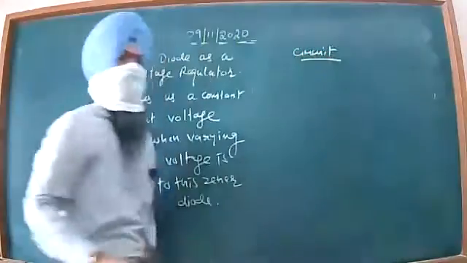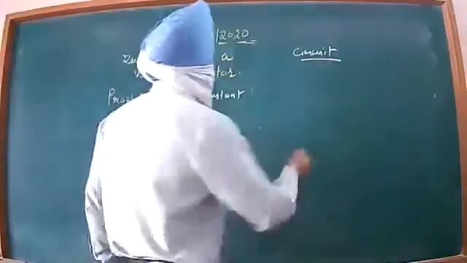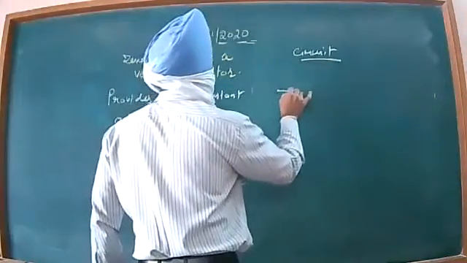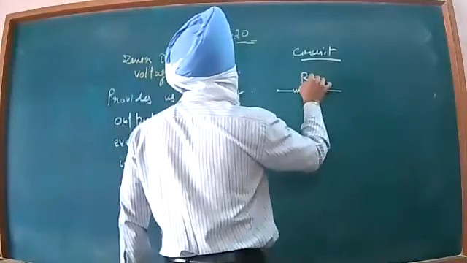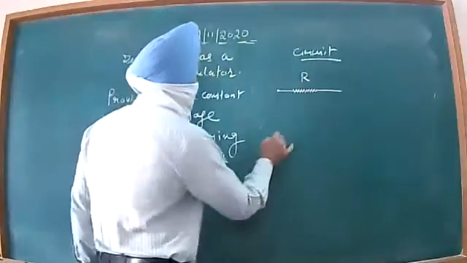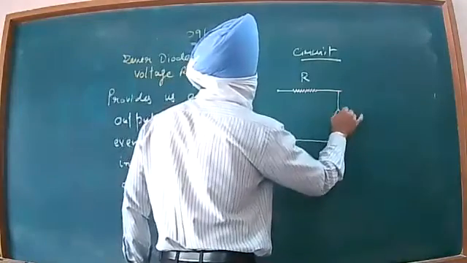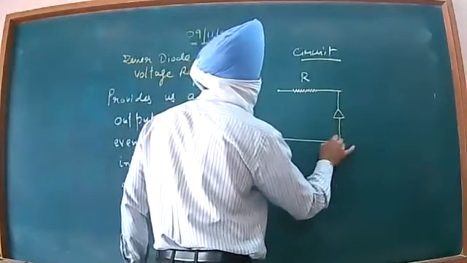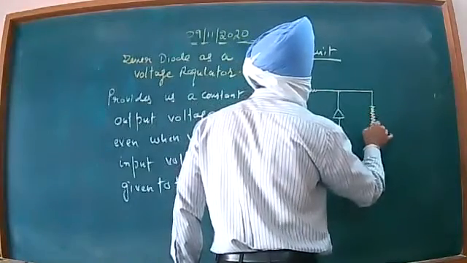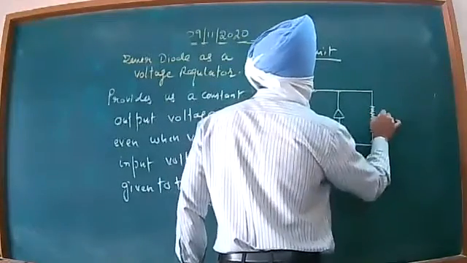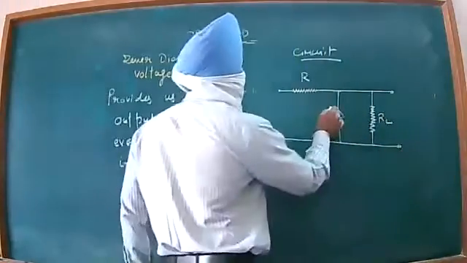Circuit diagram for the Zener diode as a voltage regulator. So, dear children, here we have our dropping resistance, and here, beta, we have this Zener diode in this manner, and here is our load resistance RL, across which we intend to have output voltage.